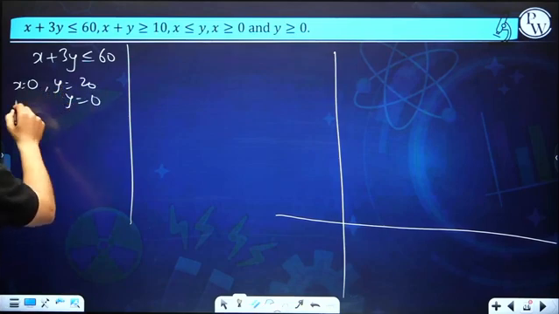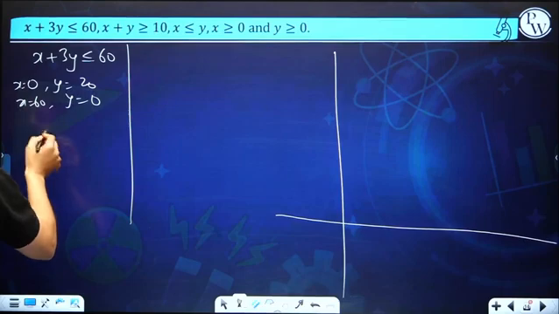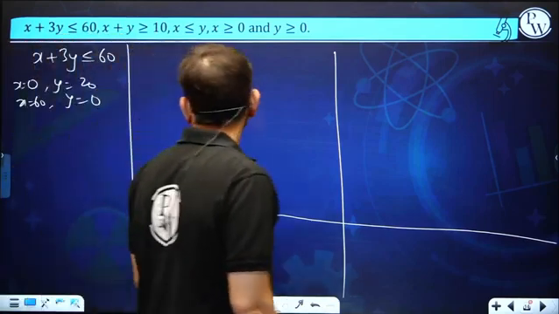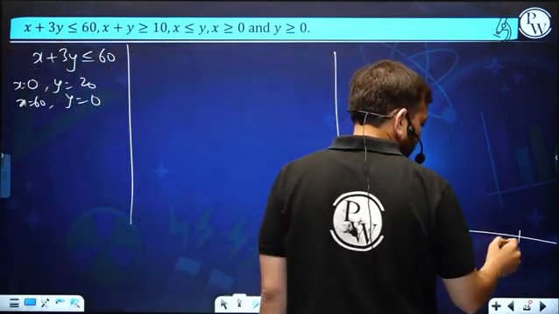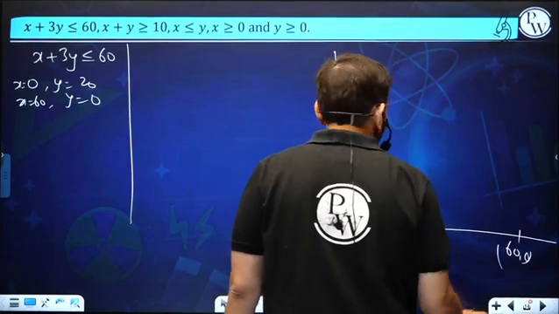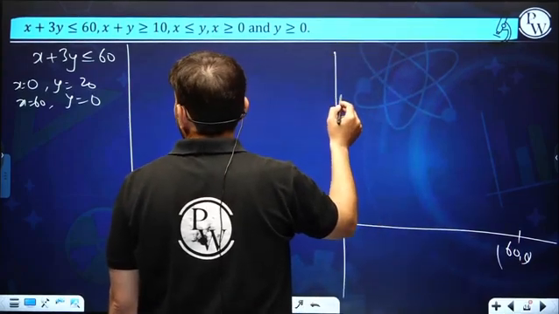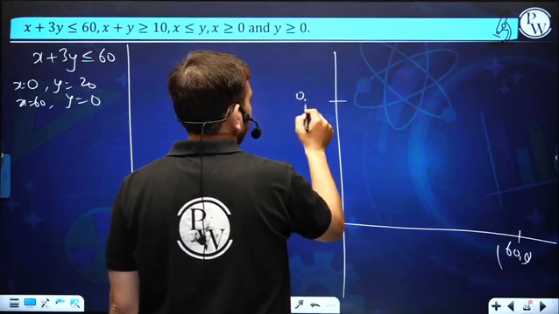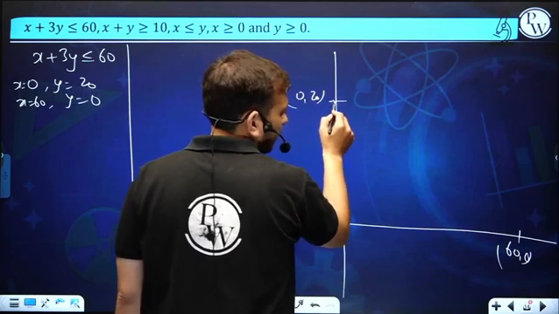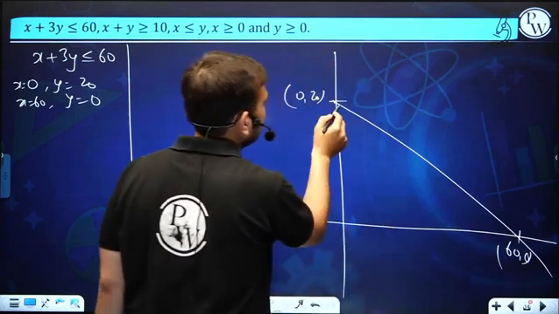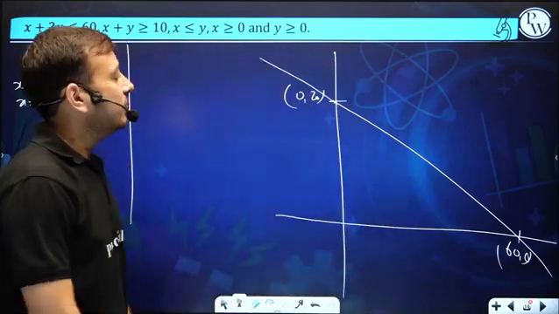And if I put y equals 0, x will be 60. So let's draw this line: 60 comma 0, and 0 comma 20. Like this, the line will come like this.